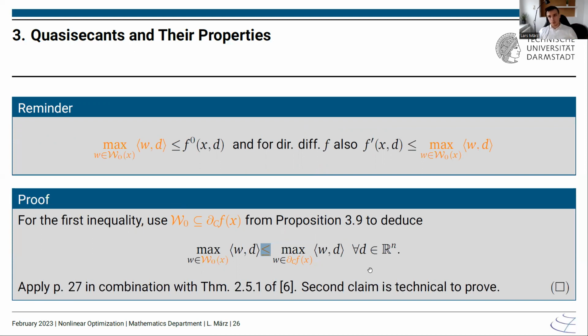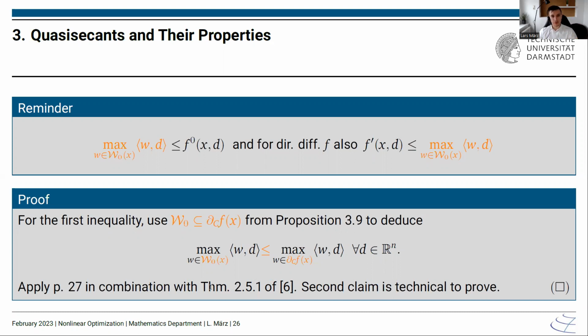Now the rest of the proof is a little bit lengthy and is an implicit consequence of page 27 in combination with theorem 2.5.1 of [6], which is Clark's book, and there the definition and the statement of the generalized directional derivative are exactly opposite.